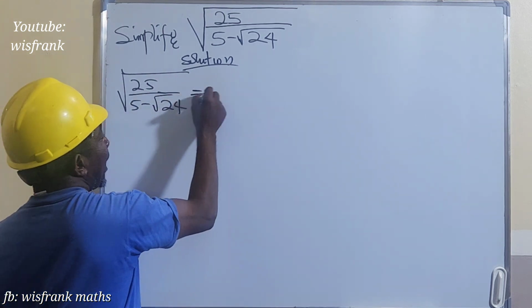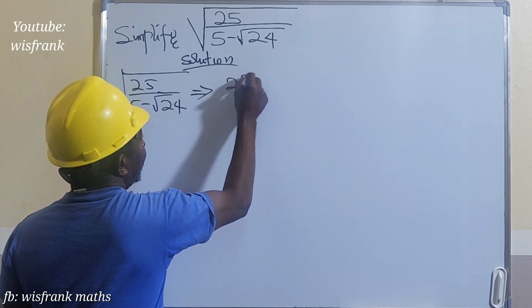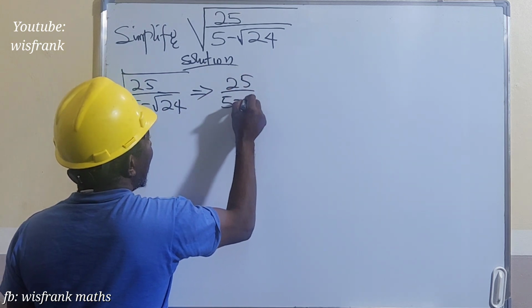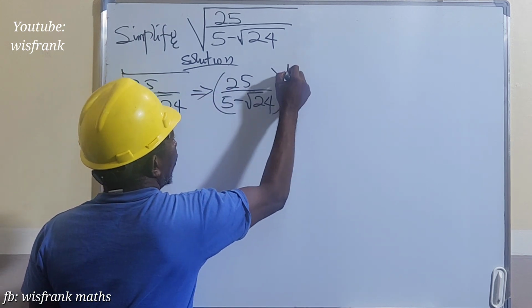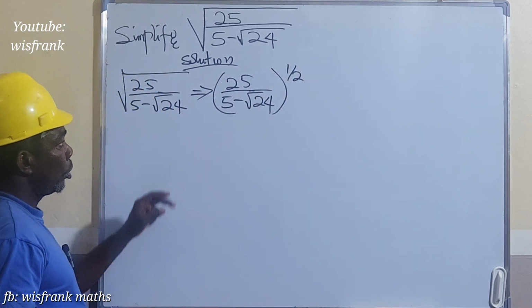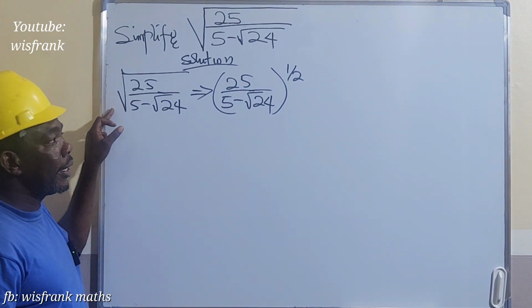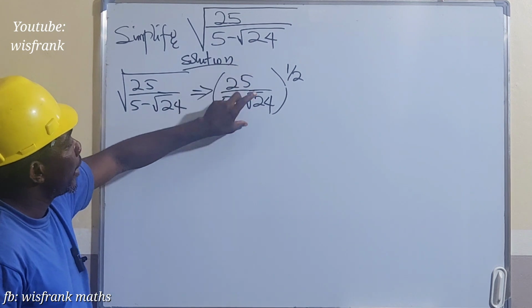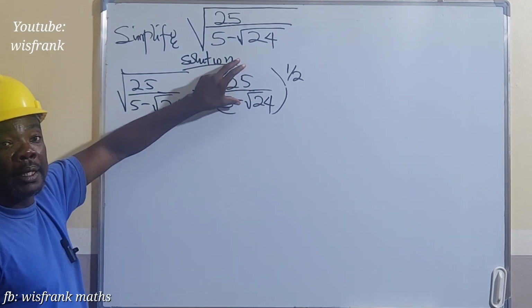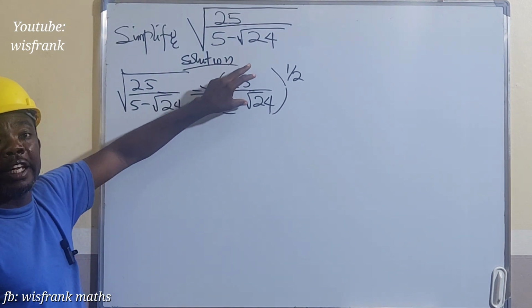So this can be written as 25 all over 5 minus square root of 24, all to the power of 1 all over 2, because square root is the same thing as power of 1 all over 2. Here, this parenthesis is in short form.